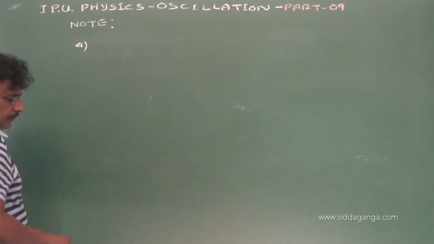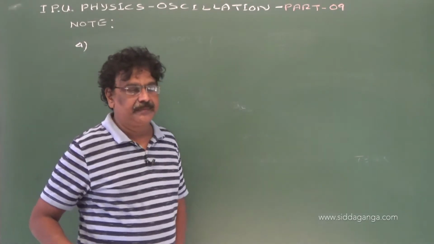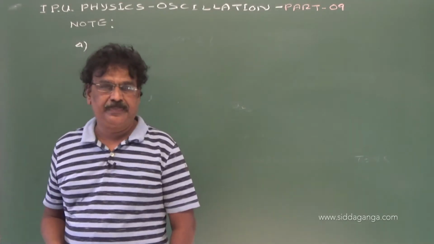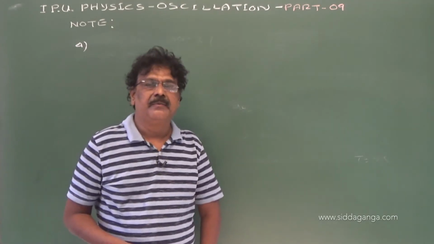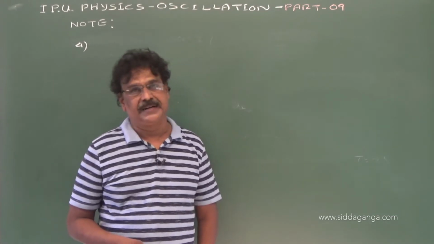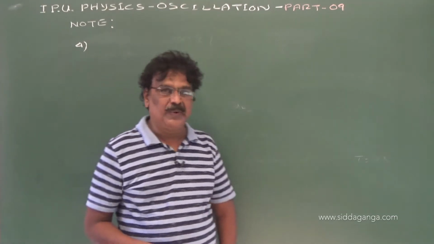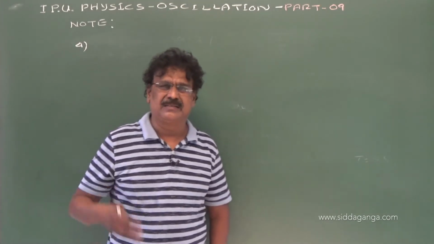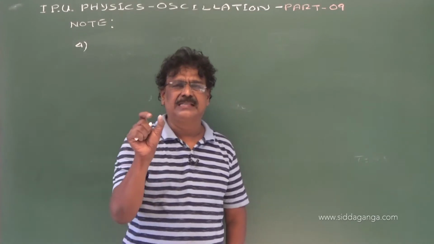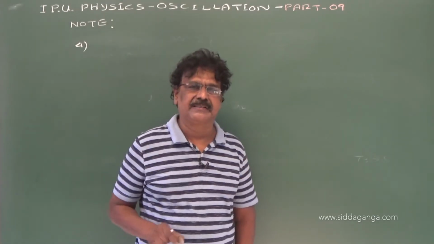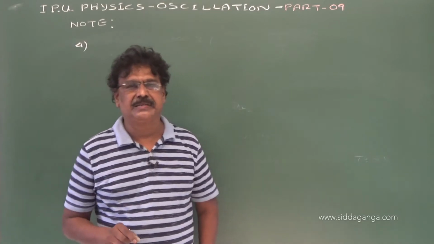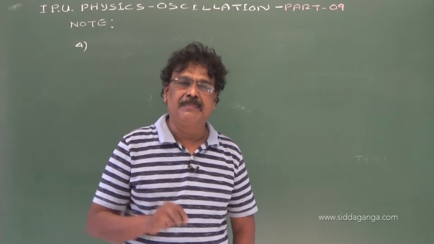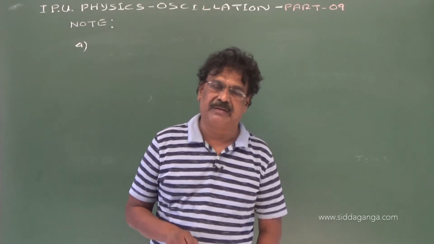Another point here, we know that to describe an event or a motion or a phenomenon we need a reference point, right? Generally we take a Cartesian coordinate system or spherical system or cylindrical system as a frame of reference. A frame of reference may be an inertial frame of reference and it may be a non-inertial frame of reference.